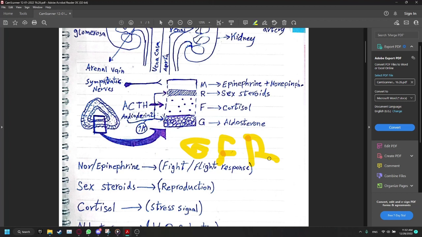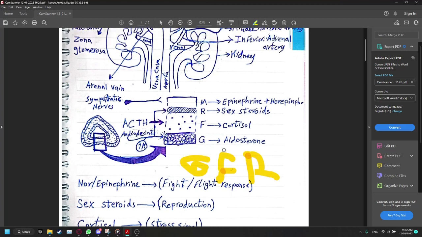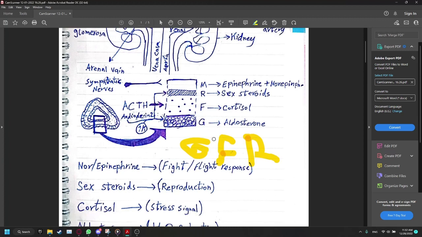I can't exactly remember what type of measurement it is, I think it's glomerular filtration rate. The adrenal gland also has this on its layers called the GFR, except it's glomerulosa, fasciculata, reticularis.